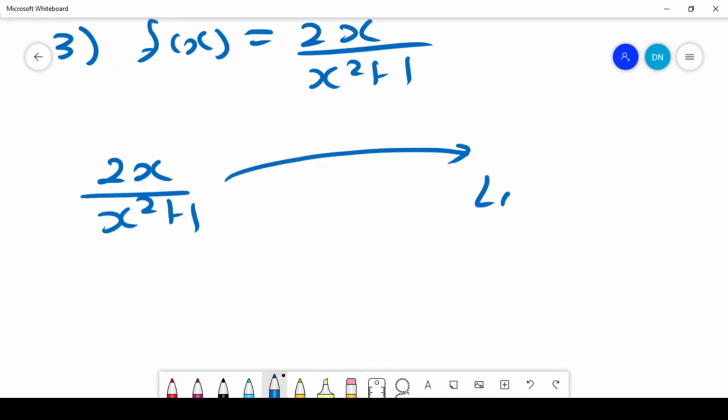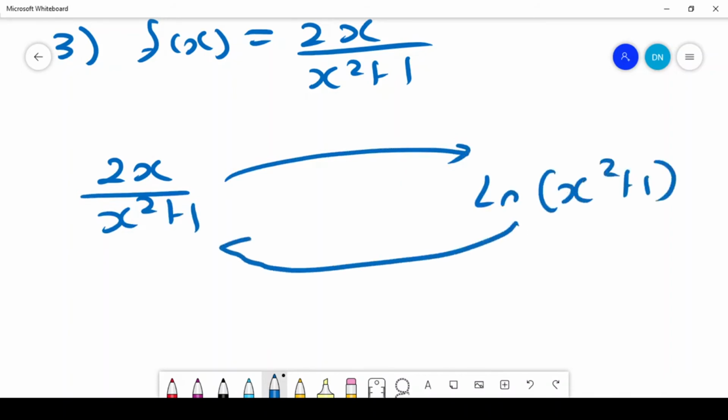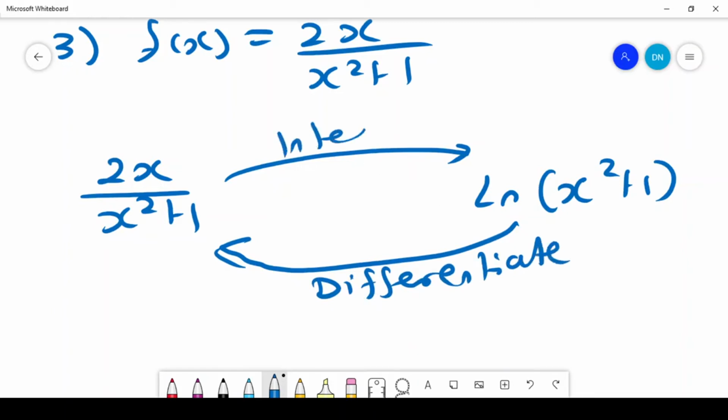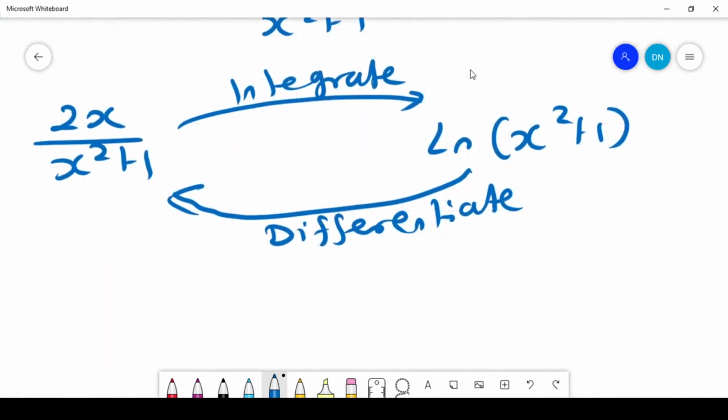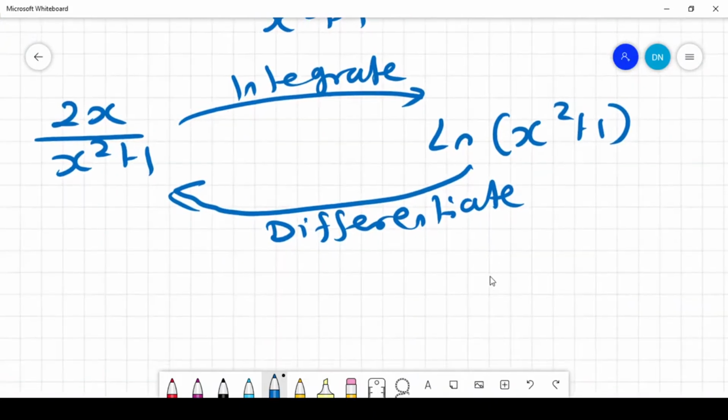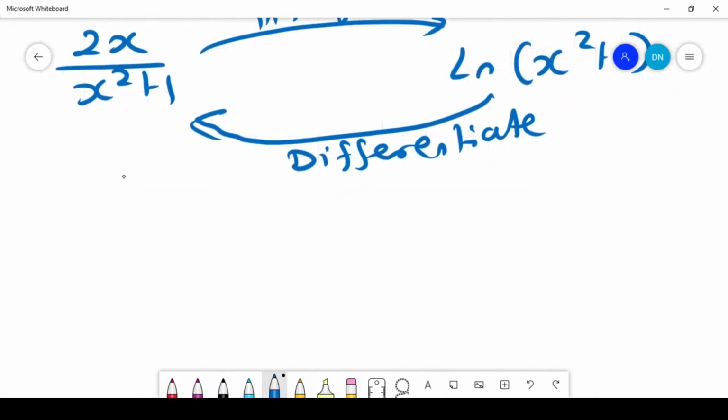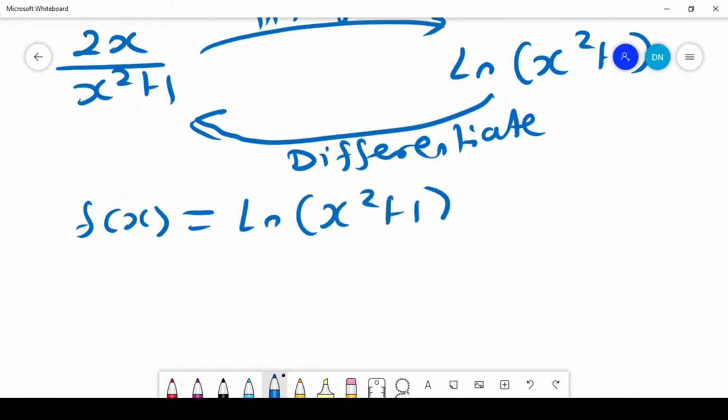When I differentiate, I get this, and when I integrate, I get that. So that's what we want to show, that when I differentiate, I get that, and when I integrate, what do I get? So that we can link the relationship. I'll start with the differentiation. F of x is ln of x squared plus 1.